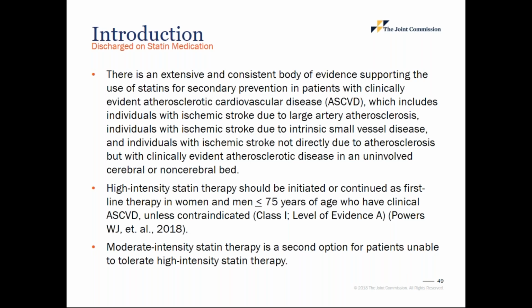In 2006, the Stroke Prevention by Aggressive Reduction of Cholesterol Levels, otherwise known as the SPARCL trial, was a pivotal trial which concluded that patients with stroke or TIA experienced a reduced overall incidence of another stroke and other cardiovascular events when 80 milligrams of atorvastatin was administered orally each day.